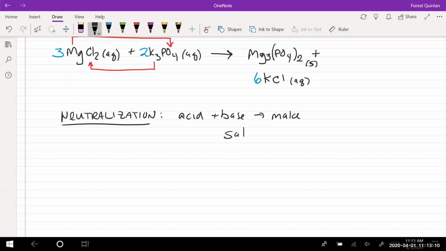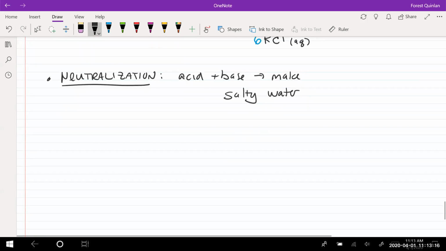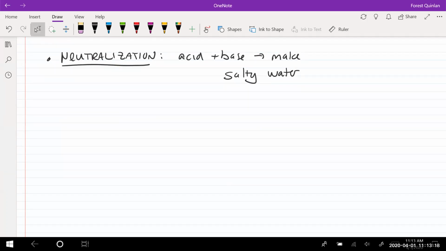Make salty water. I'll start out with the trivial one, give you a less trivial one, and then we'll make some announcements and call it a day. So, good old HCl, since it's an acid, I better put an AQ. Good old sodium hydroxide, also aqueous.